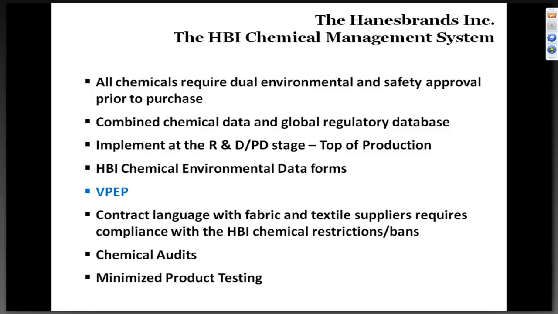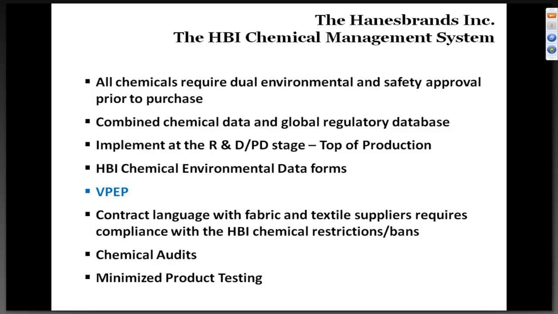All this data is put into a regulatory database. We do have a program in place with our research and development and product development organizations wherein they run chemicals by us for approval at top of production, meaning before a product goes into production, to make sure that the chemicals that they are looking to use are chemicals that we will approve.